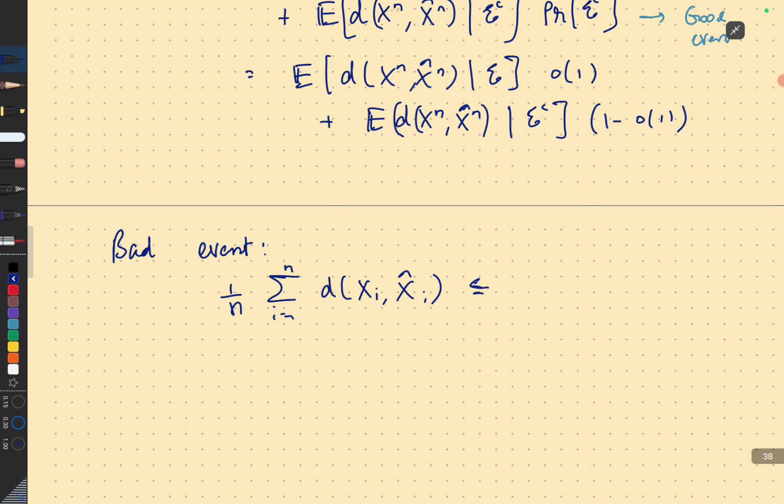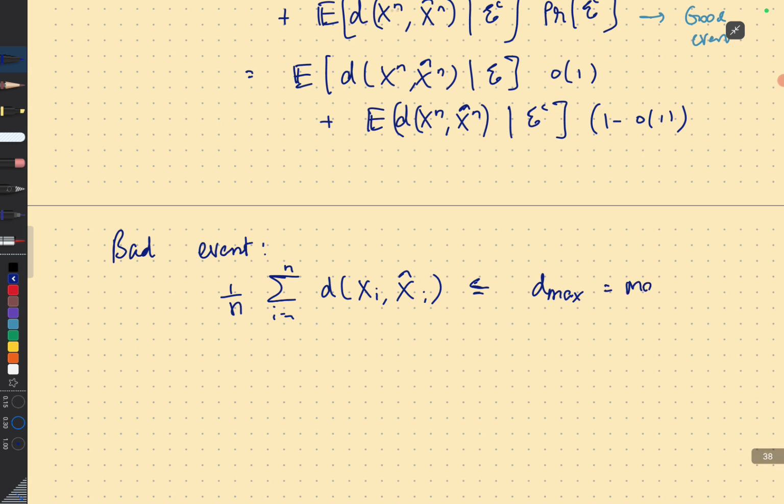So in this case, remember, we assume that for any x hat, the distortion between x and x hat is bounded from above by some value d max. So the largest value the distortion can take is just d max. It's n times d max divided by n, which is just d max.